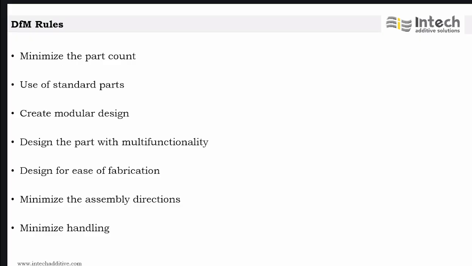And then use of standard parts. We don't have to reinvent fasteners. Fasteners are standard parts. Also we need to use off-the-shelf screws, brackets, or connectors, whereas customized parts can be expensive. Standard parts could be cheap because they have been produced in mass production.